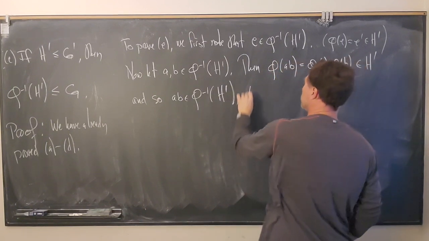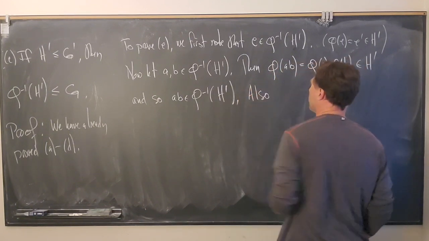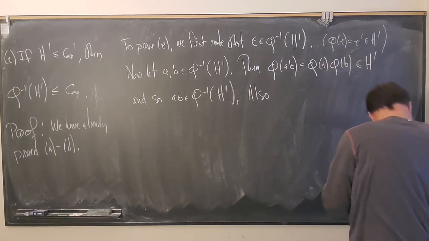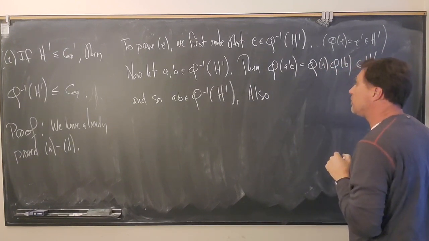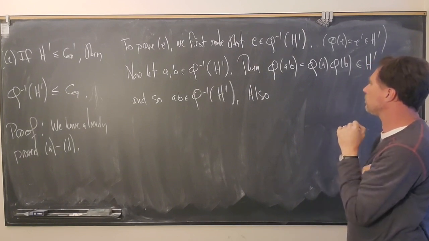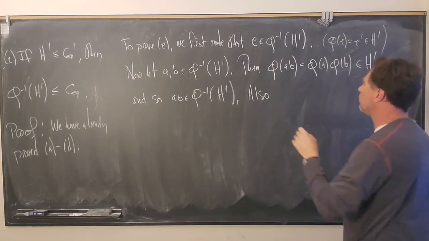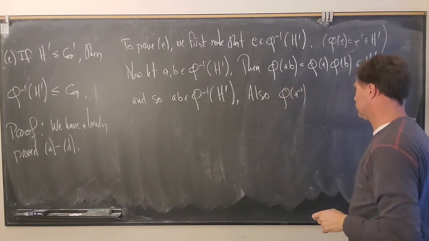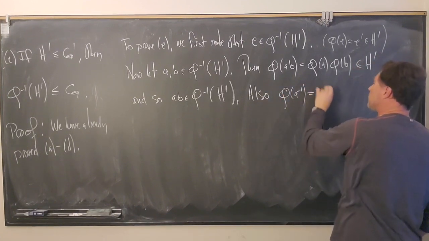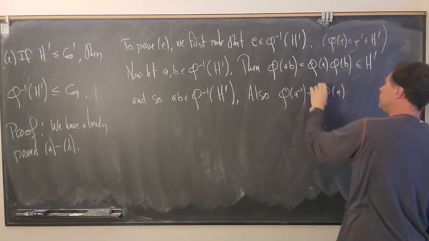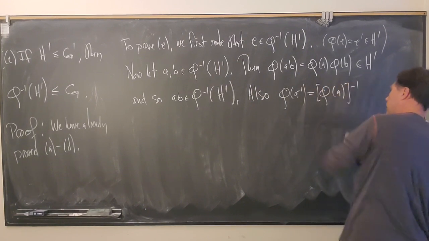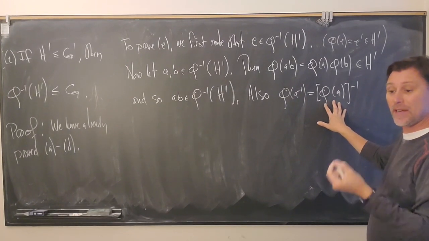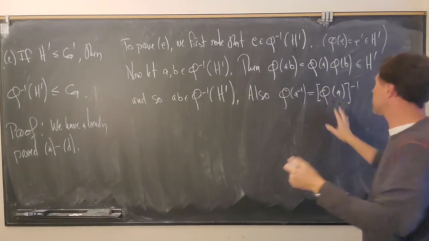Also, what do I need now? I've shown that it's closed under multiplication. I need to show that it's closed under inverses. So I need to look at phi of a inverse. That's equal to phi of a inverse. Because phi of a lives in H prime, so does its inverse, because H prime is a subgroup, which means that it's closed under inverses.